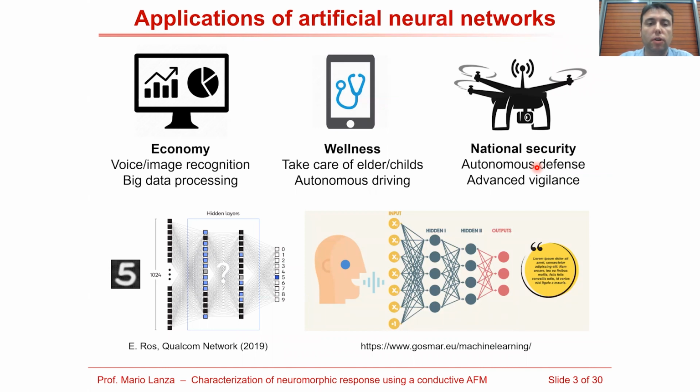As probably most of you know, artificial intelligence systems are going to be producing a lot of benefits for modern societies, especially in terms of economy, wellness, and national security. These systems are normally based on artificial neural networks, which are mathematical models that compute a number of inputs and associate one value at the output.